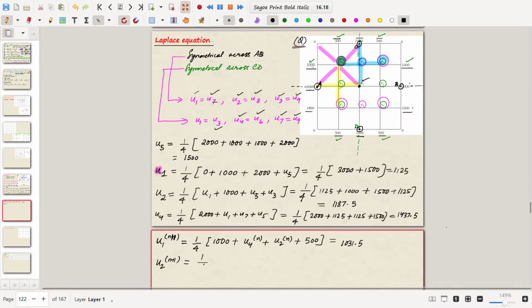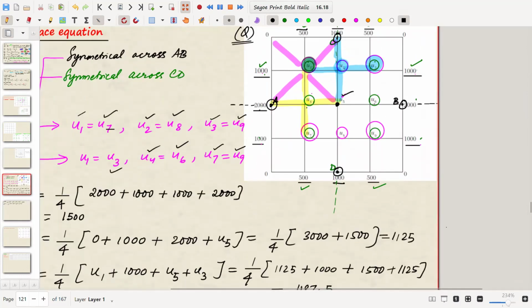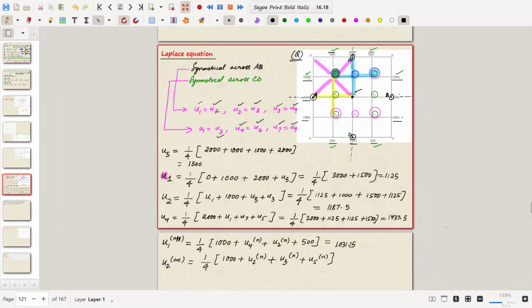So U2 of n plus 1 should be 1 by 4 of 1000 plus U2n plus, on the right-hand side, U3n plus U5n. Is it correct? Is this U2?